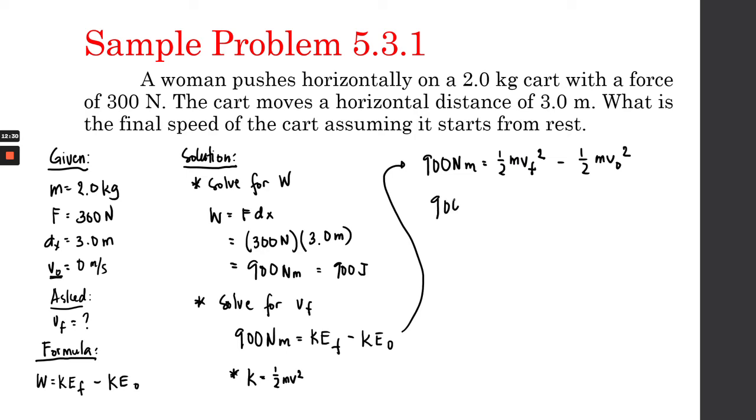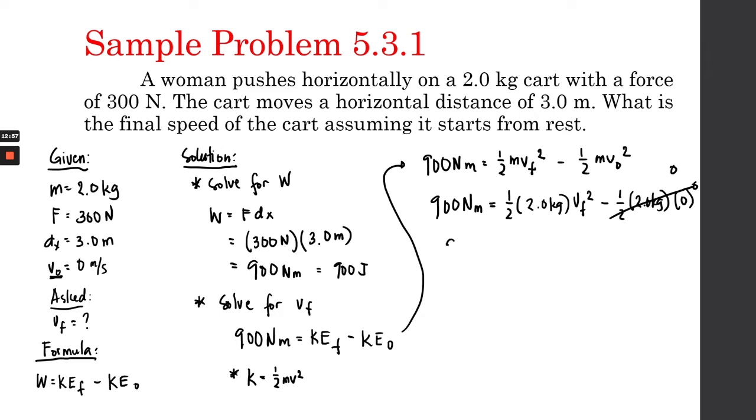So plugging in the numbers, we're going to get 900 Newton meters is equals to 1 half. The mass of the object is 2 kilogram multiplied by final velocity squared minus 1 half multiplied by 2 kilogram multiplied by 0 squared. And we know this should be 0 because anything multiplied by 0 is 0.